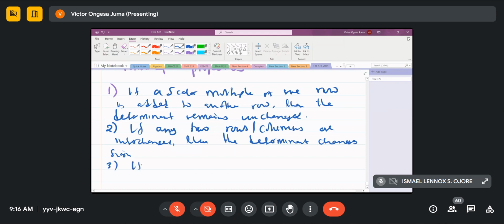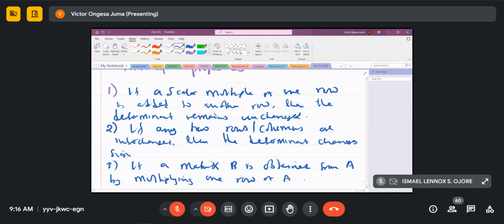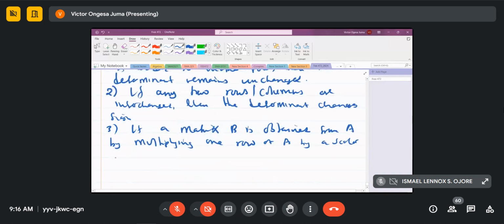Three, if a matrix B is obtained from A by multiplying one row of A by a scalar, say alpha, then the determinant of B is the same as what?